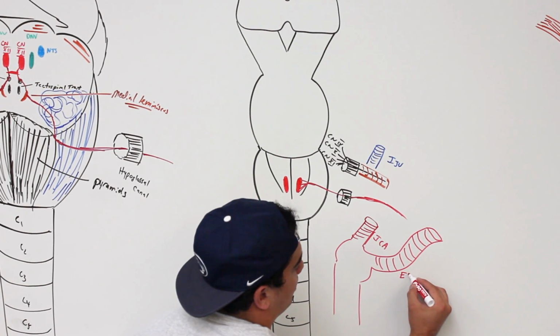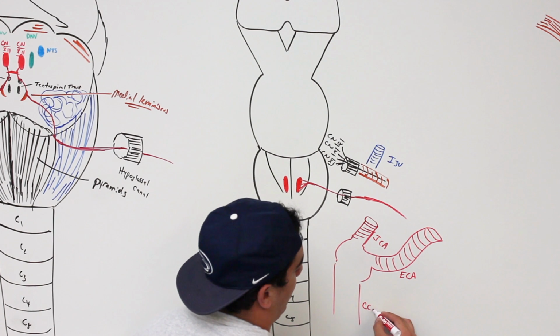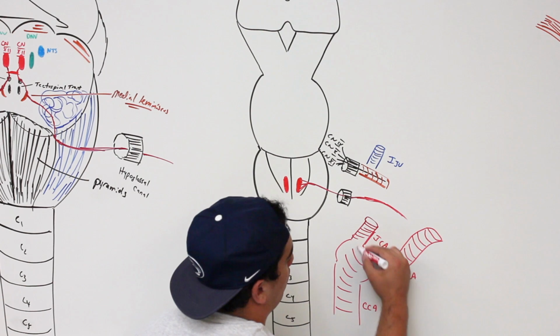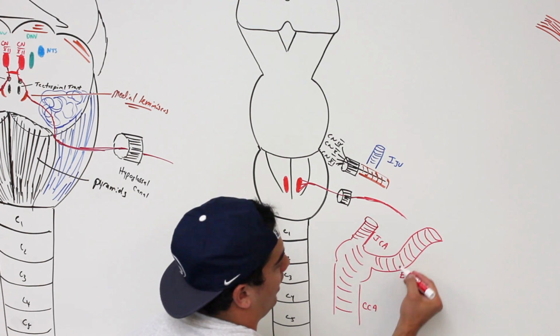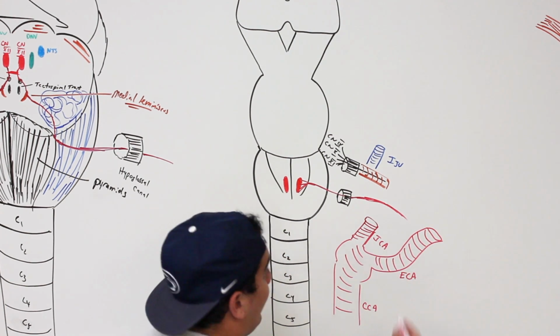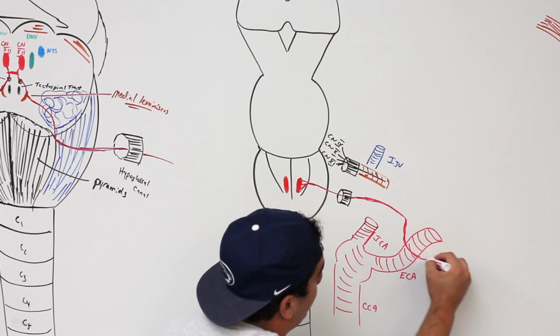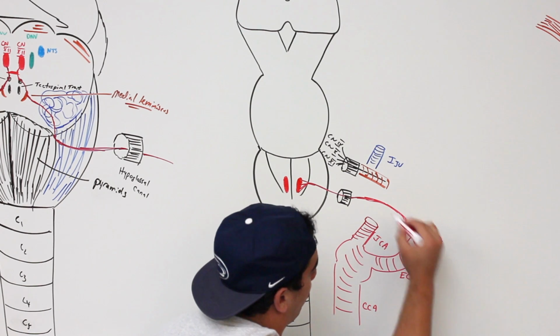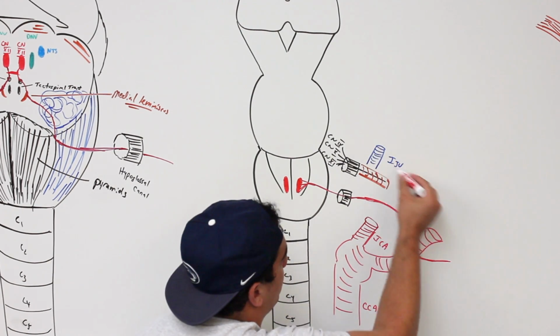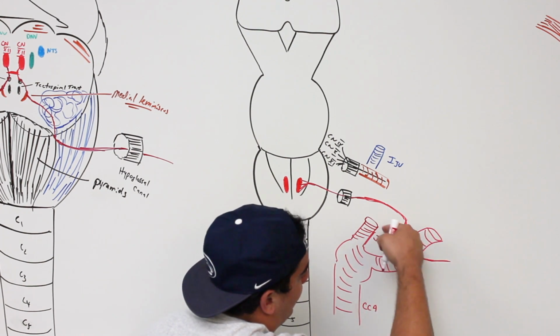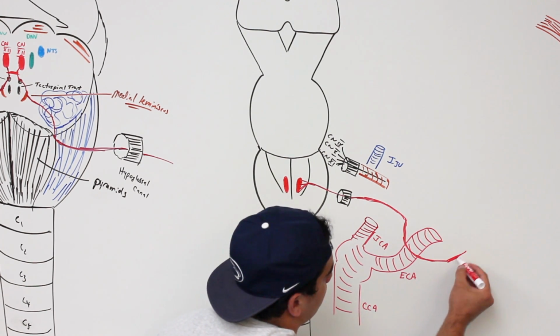Let's say that this is the external carotid artery, and this is the common carotid artery here. So the common carotid artery will split into the internal carotid artery and the external carotid artery. This nerve will run in between these two. So it'll kind of move in between these two. That's another clinically important point. So where does it move? It moves in between the internal jugular vein. Then it kind of moves in between the internal carotid and external carotid artery.